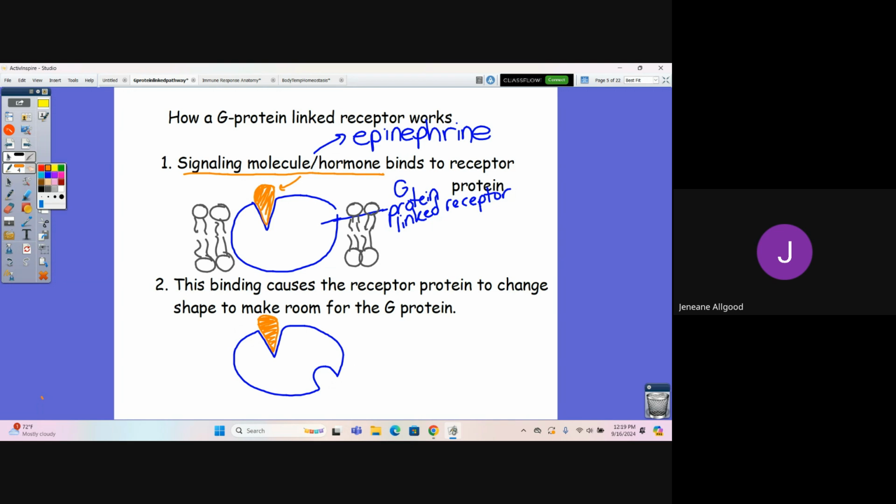So notice all that happened is in this lower corner of that receptor protein, there's now a notch cut out of it, and that is where our G protein will bind.